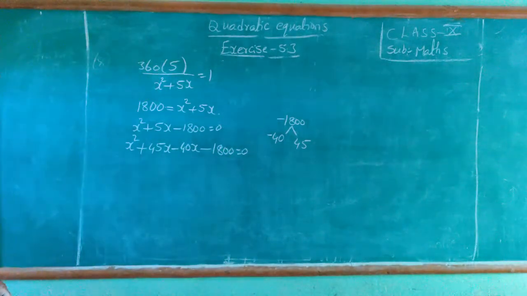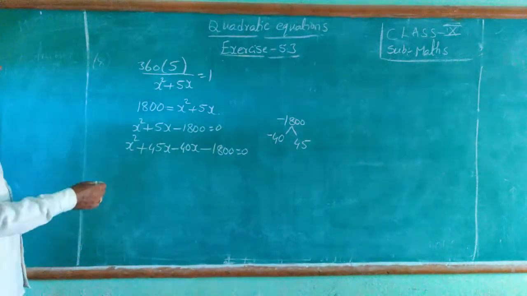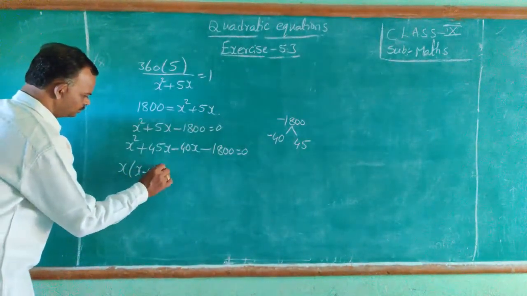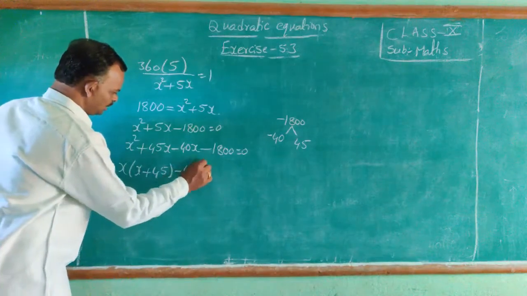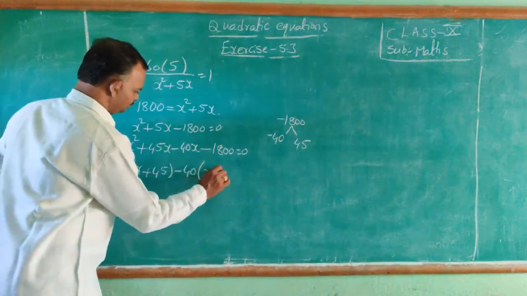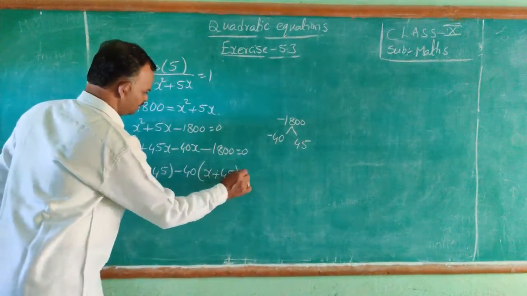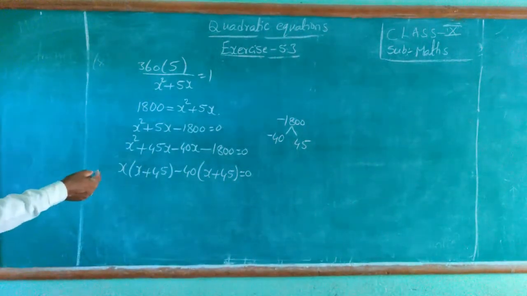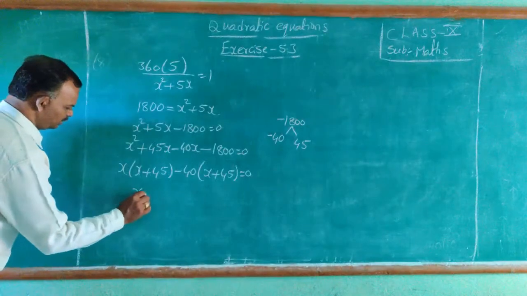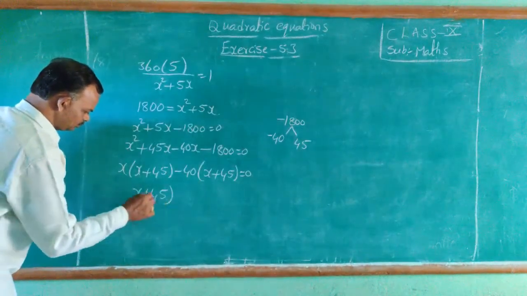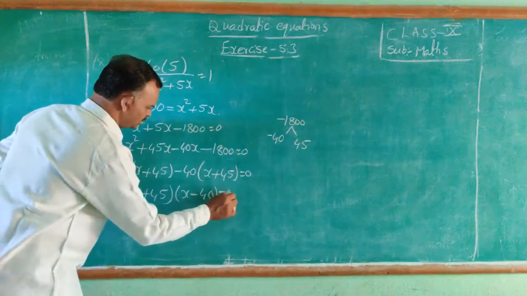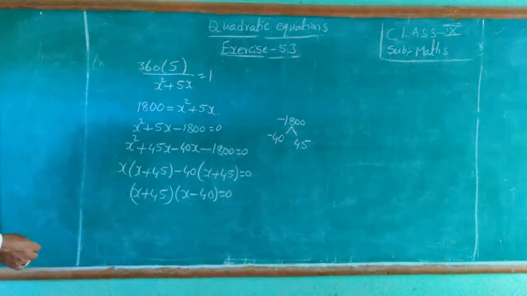In the first two terms, common x; x into x plus 45. In the next two terms, common minus 40; x plus 45 is equal to 0. Again common x plus 45. The remaining value is x minus 40 is equal to 0.